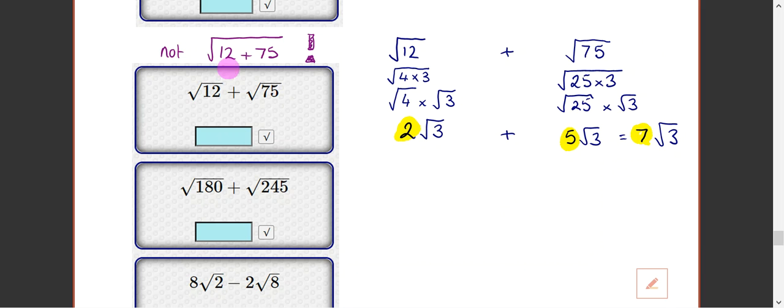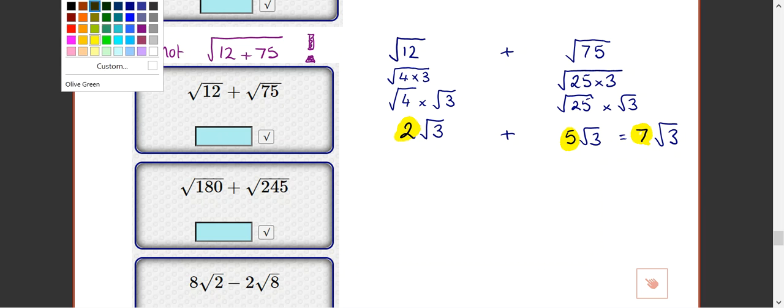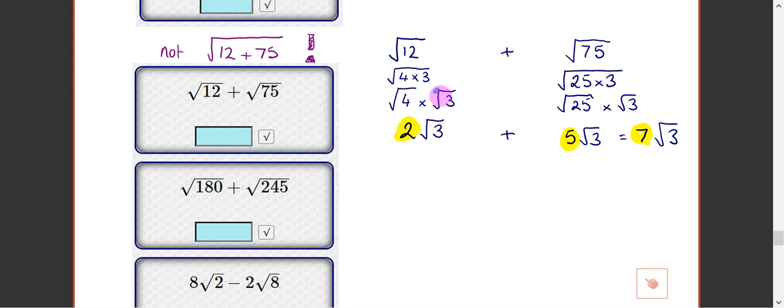So what you're looking for, when you do these ones, is a common variable. Well, it's not a variable, it's a radical that is the same for each one, so that we can end up adding amounts of those together.